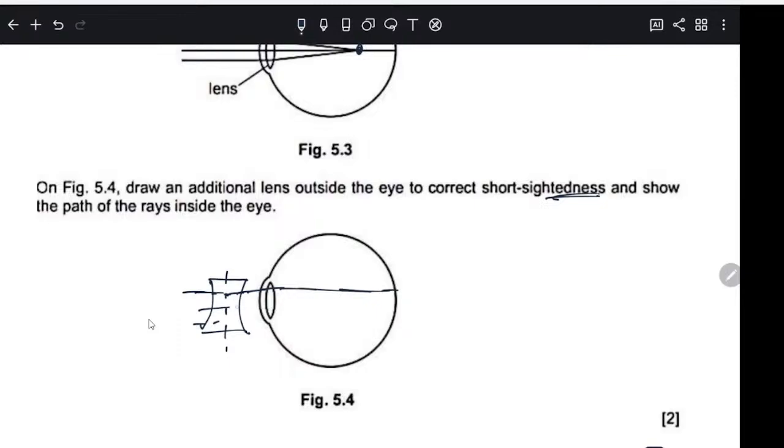Then this one. Make them meet. Then you are ready. You're done. This pen is not doing me good. Just make them meet. Here, like this, then like this. Here it is. Come on, respond.